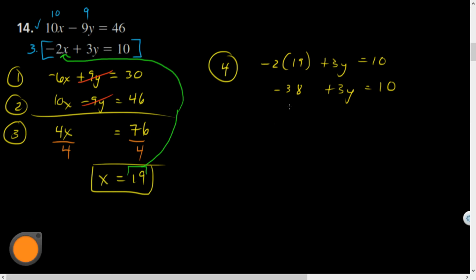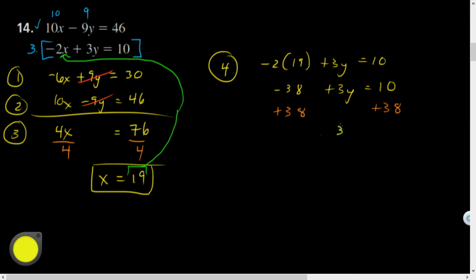I would, actually, you guys tell me, what should I do? Yeah, I did that, yep. Yeah, I'm going to move that 38. And that actually is a like term with 10.